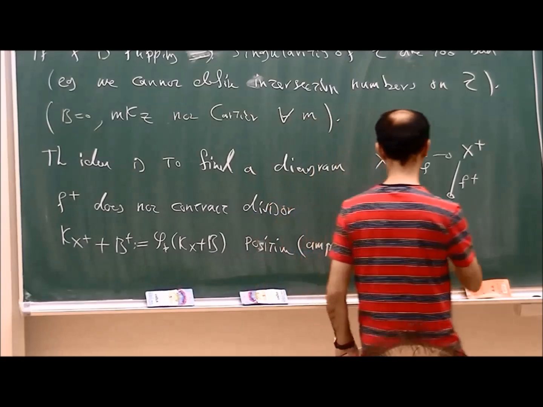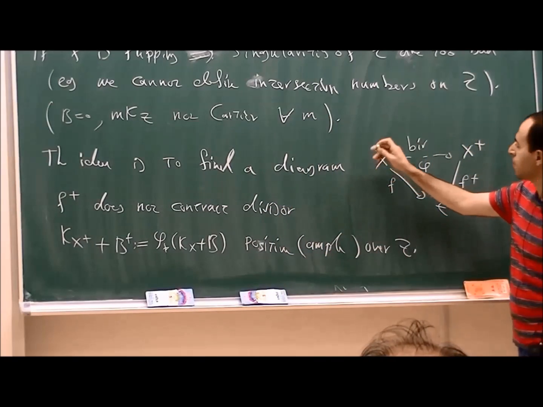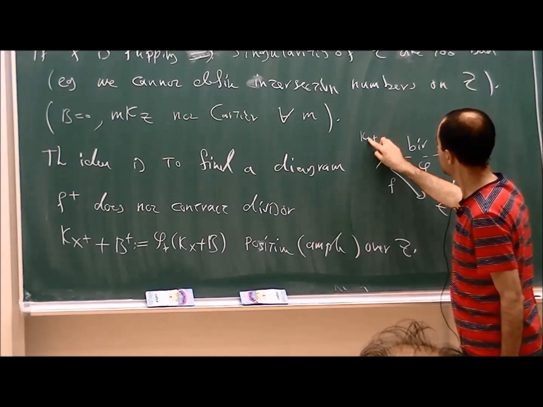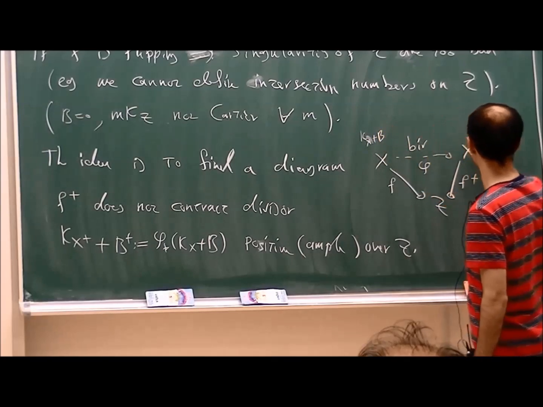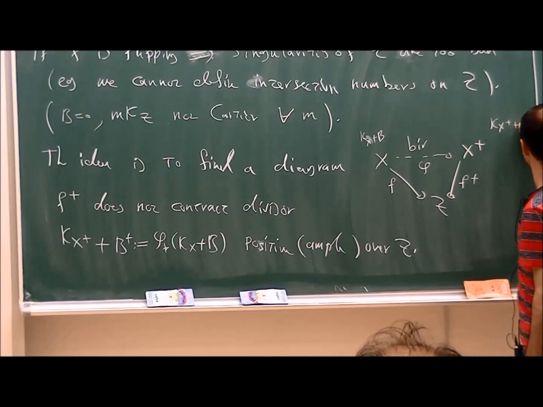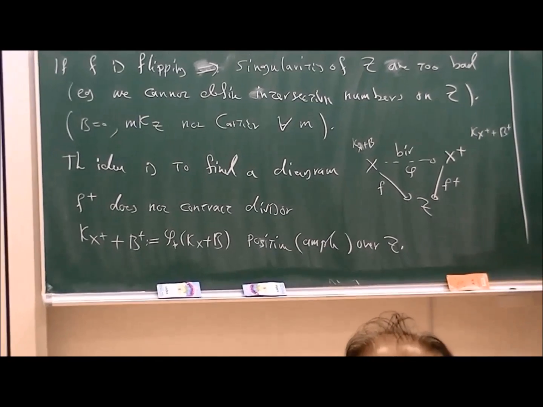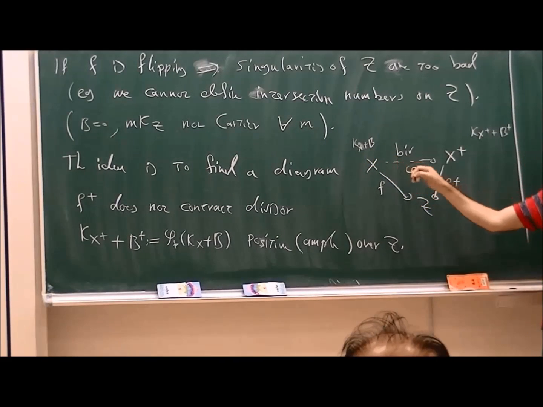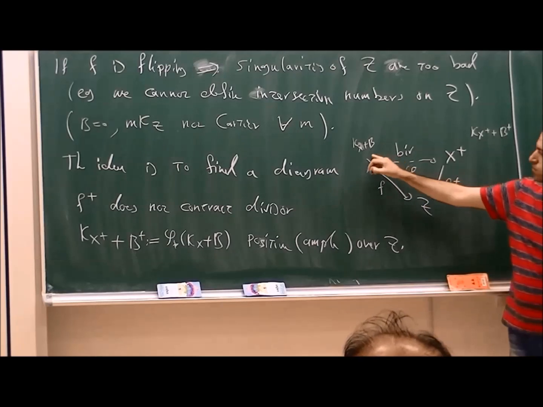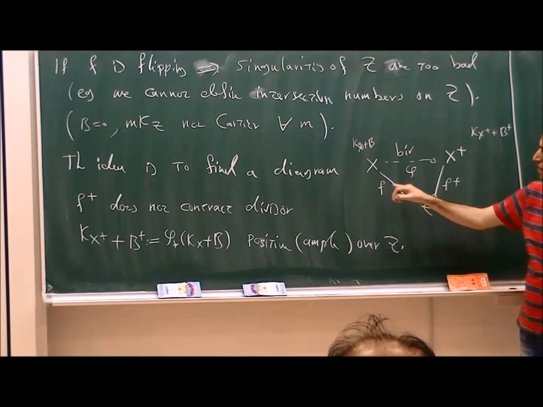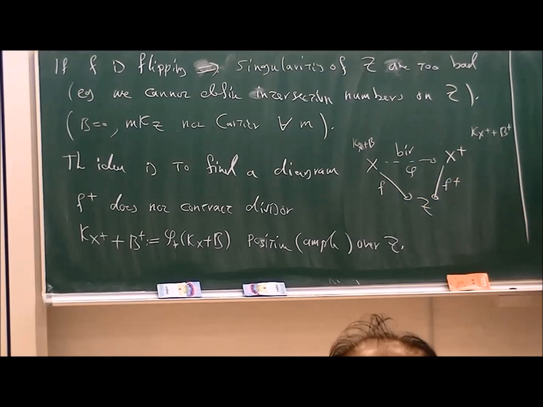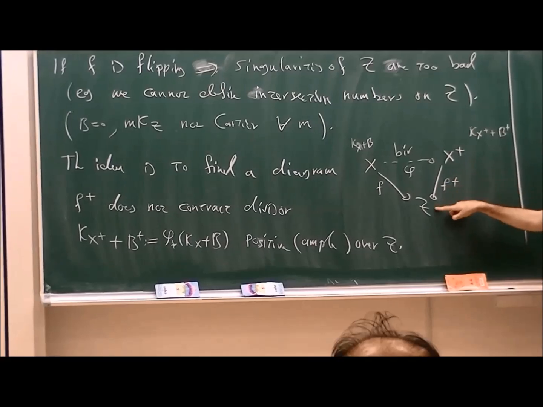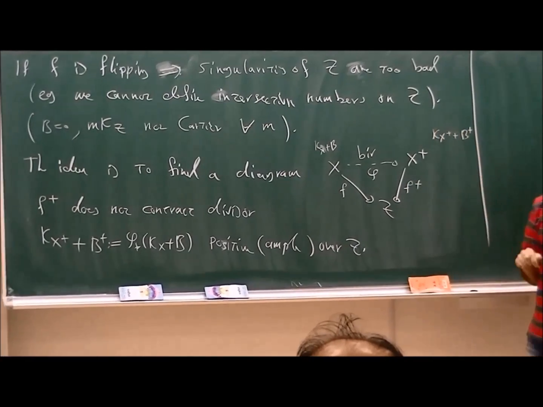So here what happens is that we have K_X plus b, and here we have K_X plus b plus. In this direction, you have intersection numbers that are all negative by definition. So this divisor intersects negatively any curve contracted by the morphism f. But here, if you have any curve contracted over Z, it will intersect it positively.